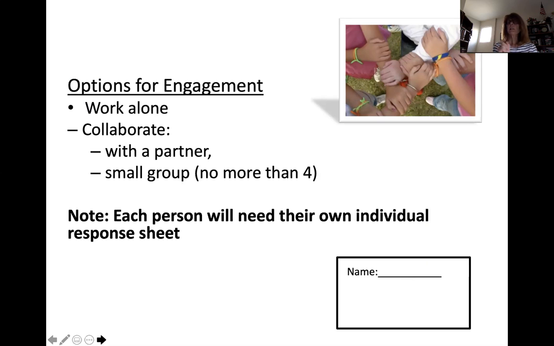All right. The caveat is that each person, whether it's individual, pair, or group, has to have their own individual response sheet. All right. That's why you make students accountable. They can do it in groups, but they have to show you their work.